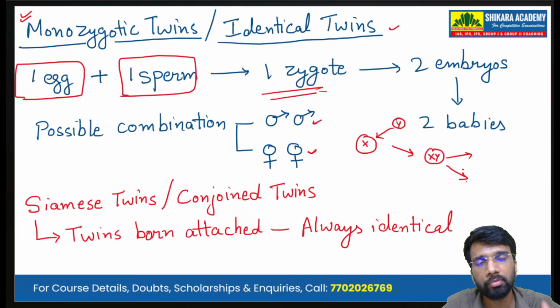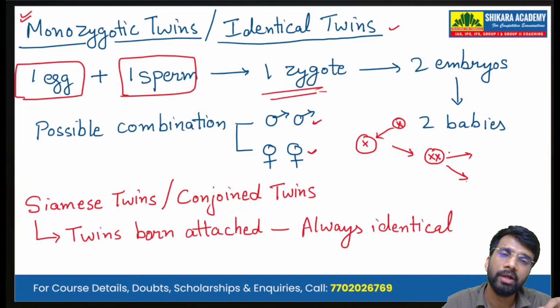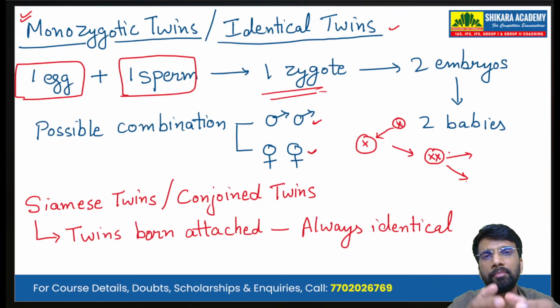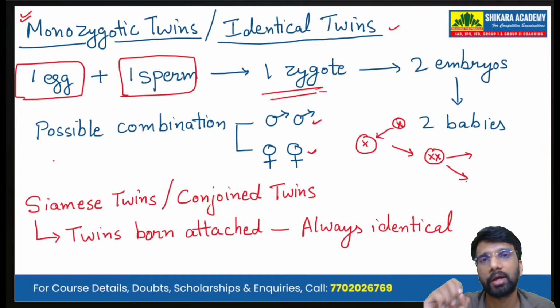Similarly, if the sperm carries an X chromosome, then we will have two X chromosomes in the zygote, and if the zygote splits into two embryos, these will develop into two female children. And these will be identical. They have the same genetic makeup. Genetically, identical twins are the same.